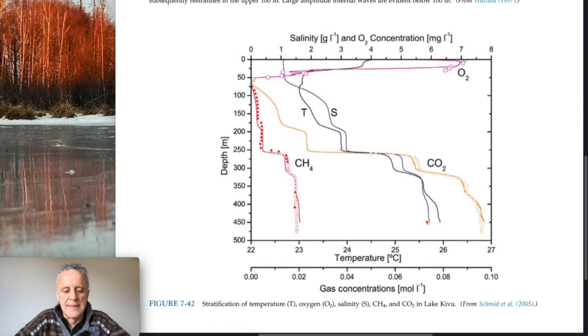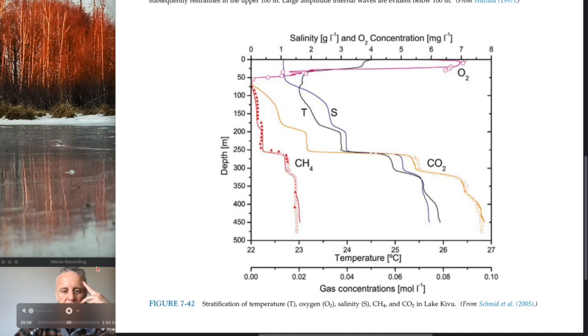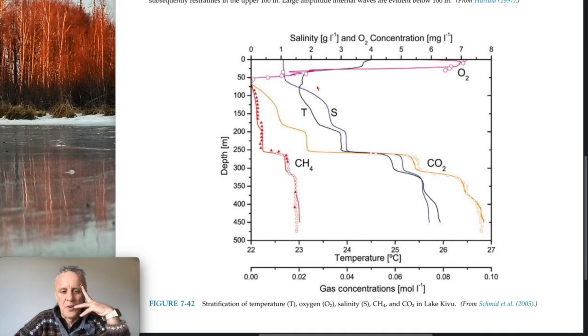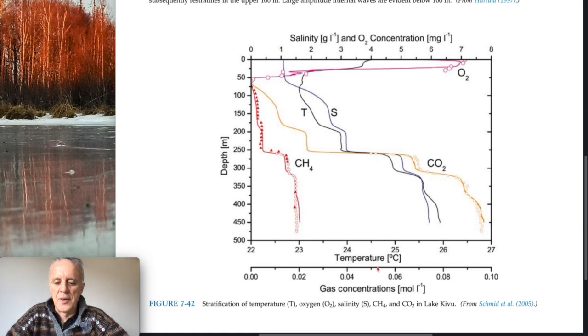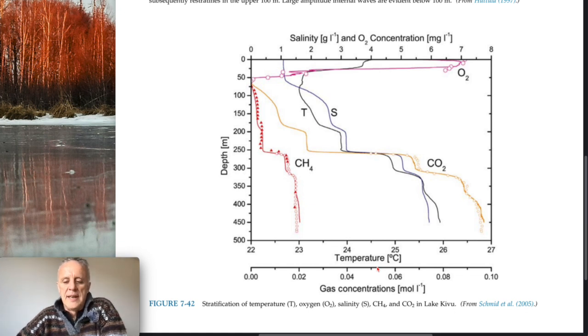And this is a figure that shows the stratification of temperature, oxygen, salinity, methane, and carbon dioxide in Lake Kivu. So depth is on the y-axis. We have the salinity in grams per liter on the x-axis, and oxygen concentration in milligrams per liter, and then the temperature, and then the gas concentration in moles per liter.